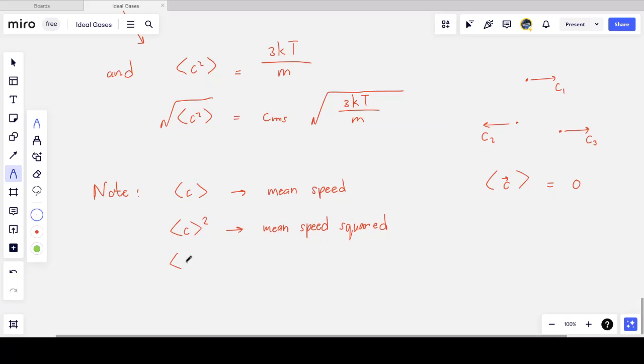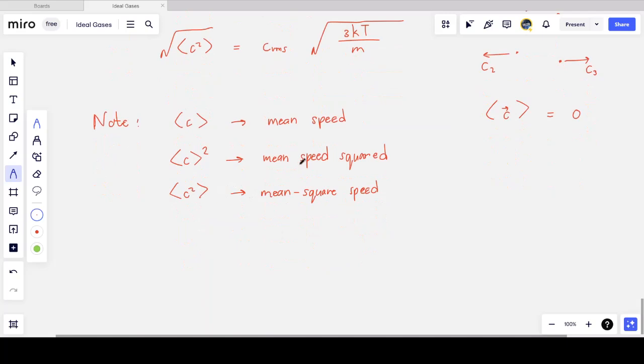Like I showed you before, if the c squared is inside the triangular brackets, this is named differently. This is not the mean speed squared, but rather the mean square speed. This is the average of the square of the speeds of each of the molecules, like I showed you earlier. So that's mean square speed, not mean speed squared.